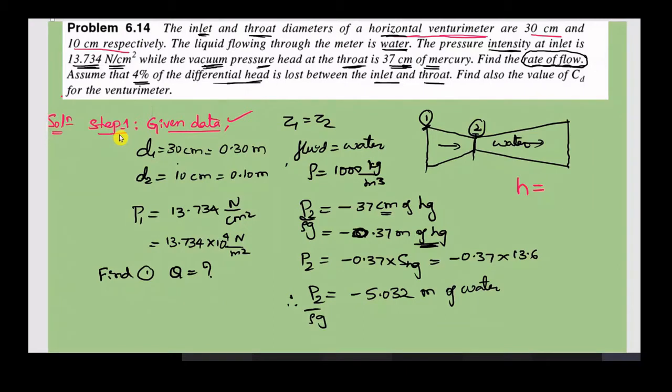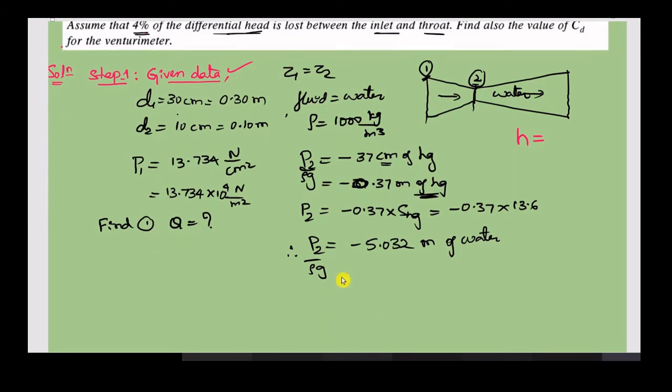So there is an extra or additional loss that is 4%. 4% of the differential head is lost. So total head loss, I will write head loss hf is equal to 4% of H. This is the one extra data he has given. So 4% means you remove the percentage just by dividing by 100.